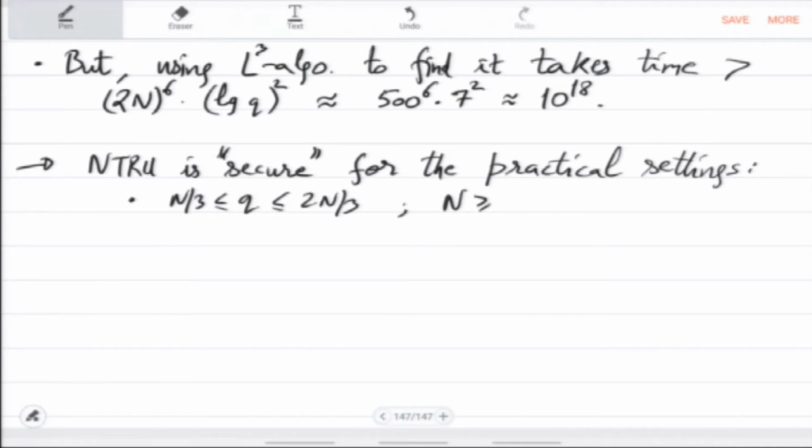N is taken to be at least 251. These support bounds are taken to be at least 80.